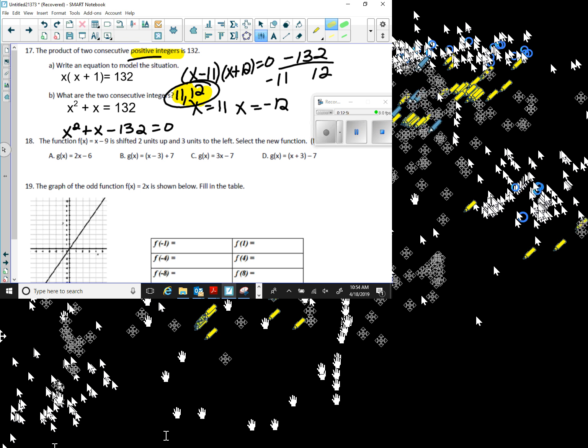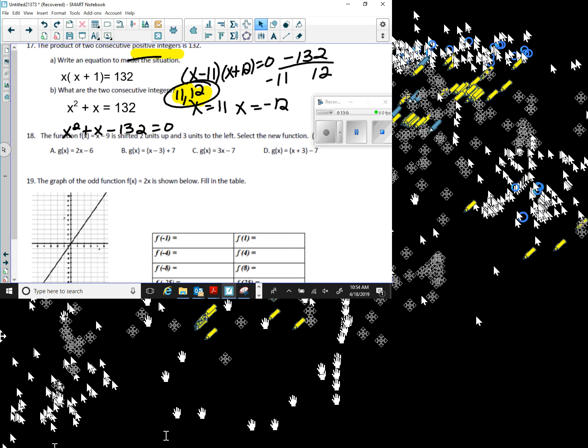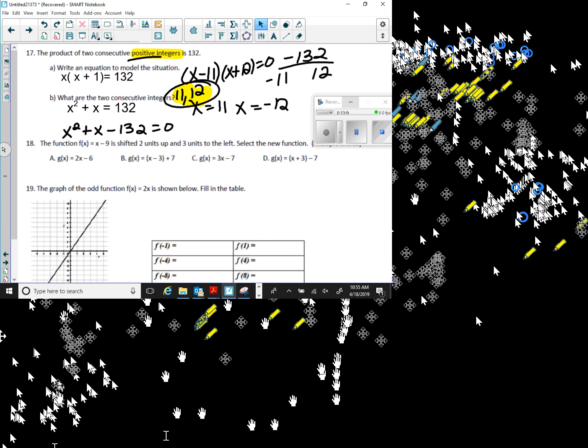All right, look at number 18. It says the function f of x equals x plus 9 is shifted 2 units up and 3 units to the left. Select the new function. All right, so if those are your transformations, 2 units up.